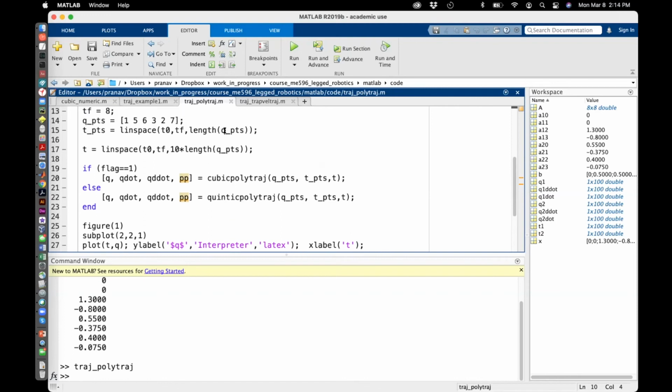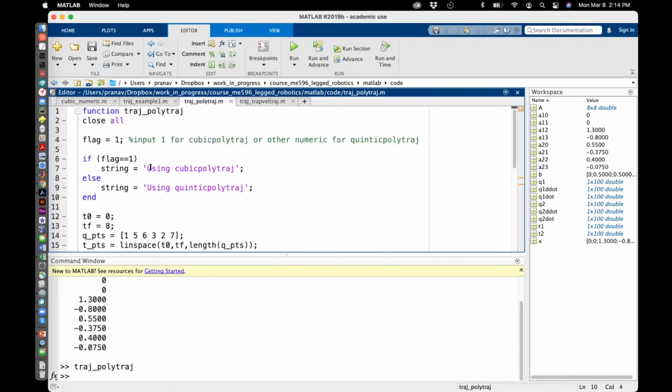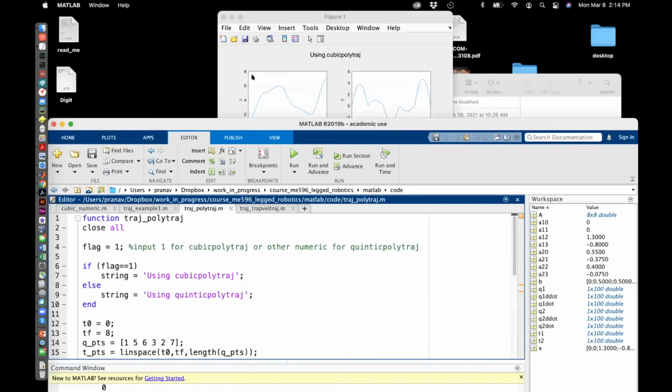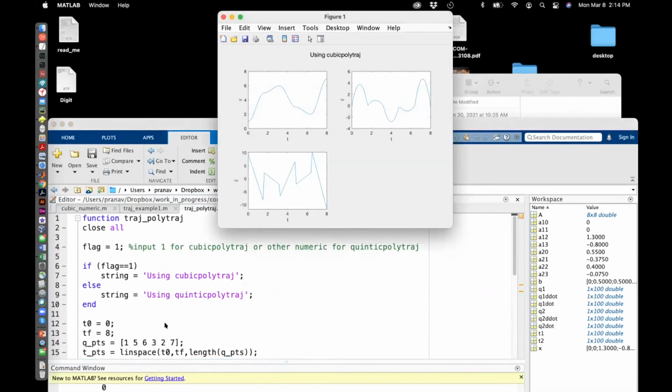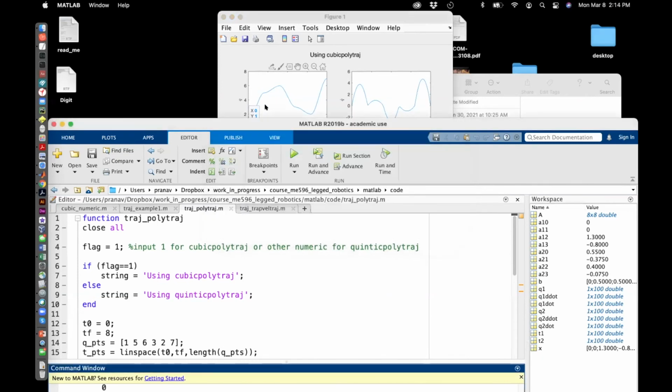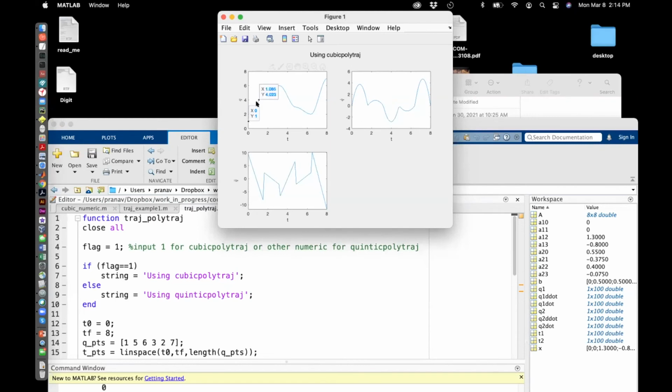In this case, I've set it to first use cubic polytraj. If you look over here, it's tracing these points 1, 5, 6, 3, and so on. It starts off at 1, and then it goes to, I think, 5, 6.